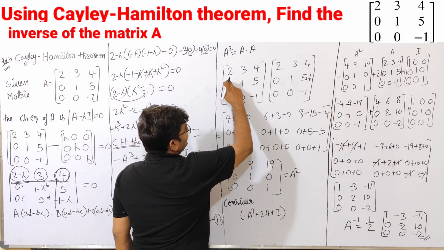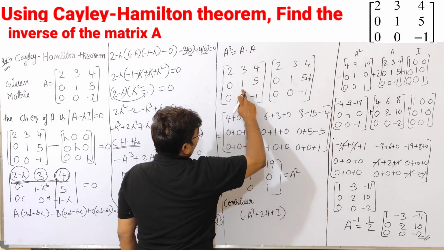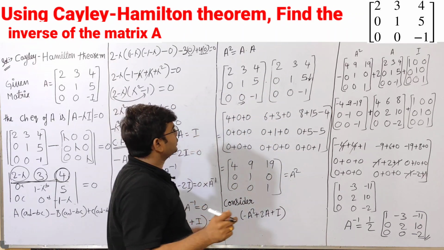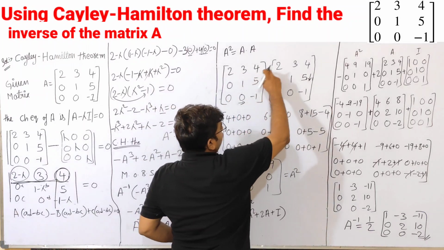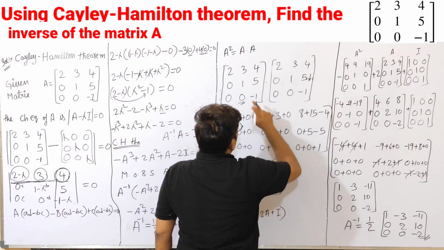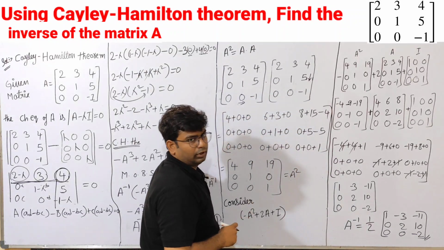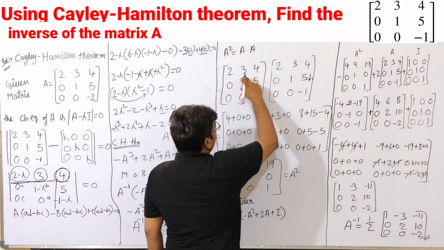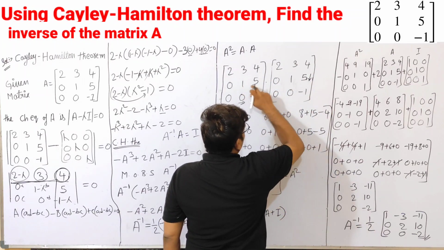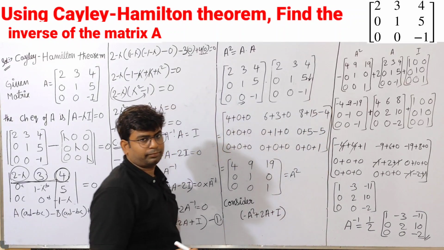Next, second row into first column. 0 into 2, 0, 1 into 0, 0, 5 into 0, 0. Next, second row into second column. 0 into 3, 0, 1 into 1, 1, 5 into 0, 0. Next, row into column. 0 into 4, 0, 1 into 5, 5, 5 into minus 1, minus 5.